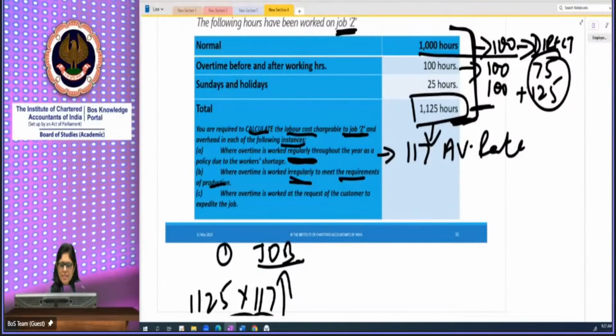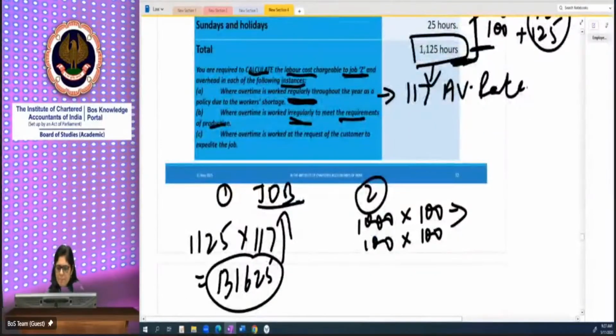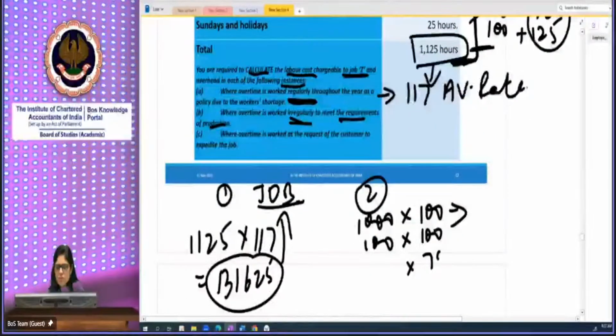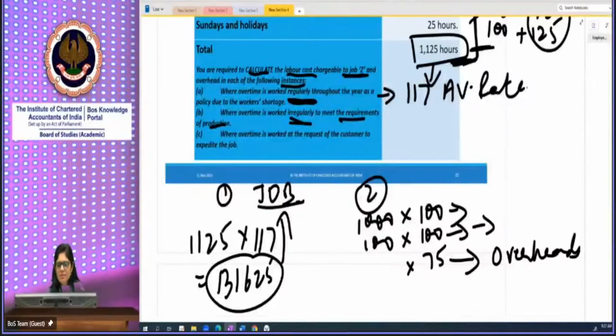So in the second scenario, 1000 hours into 100 will go to the direct labor cost. Then 100 hours into 100 and into 75: the 75 will go to overheads.